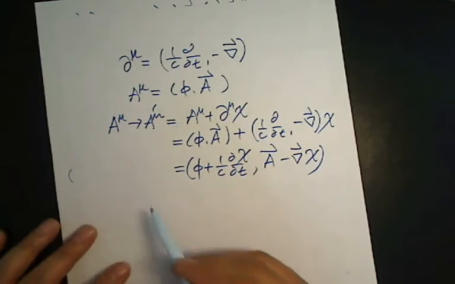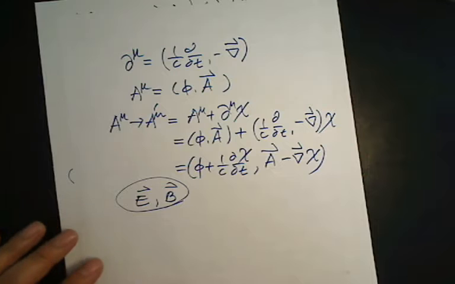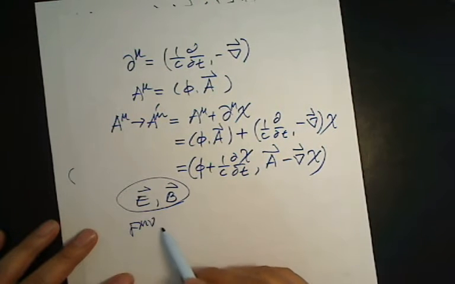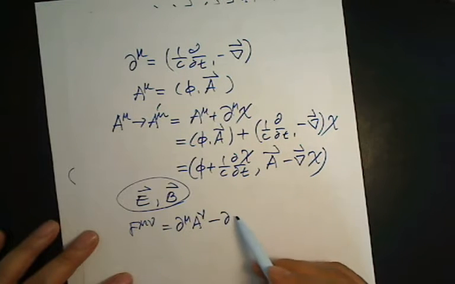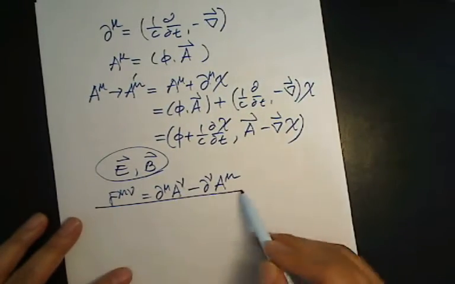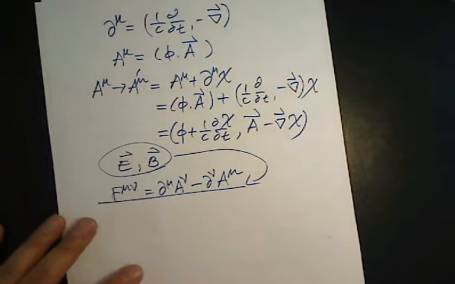And actually the E field and B field are the non-vanishing 6 components of the field strength tensor. And this is expressed in terms of the electric field and magnetic field only.